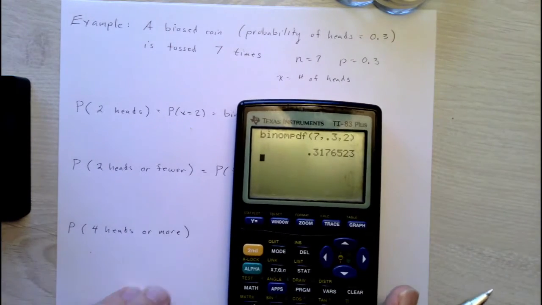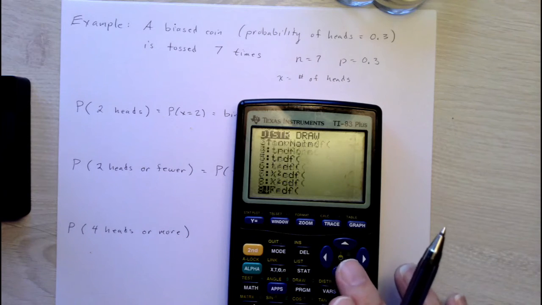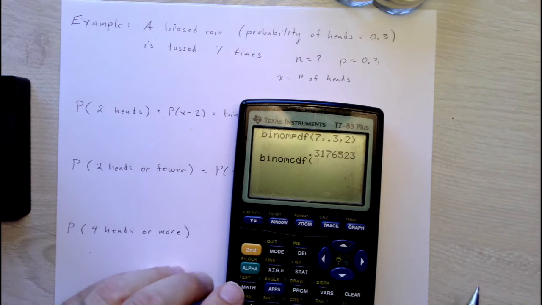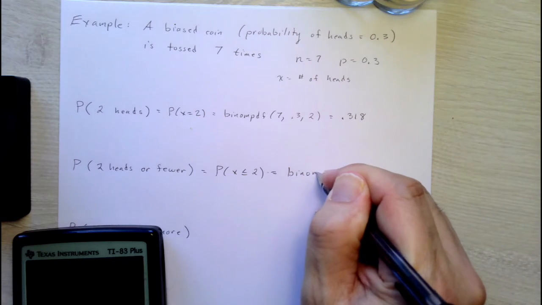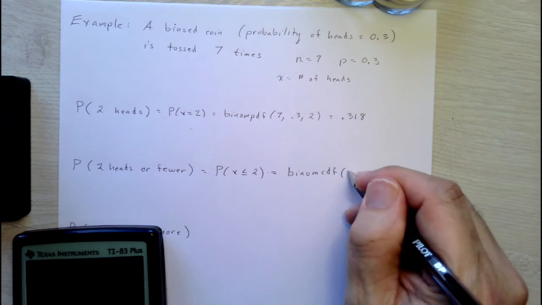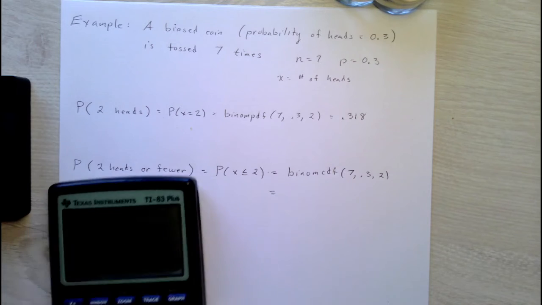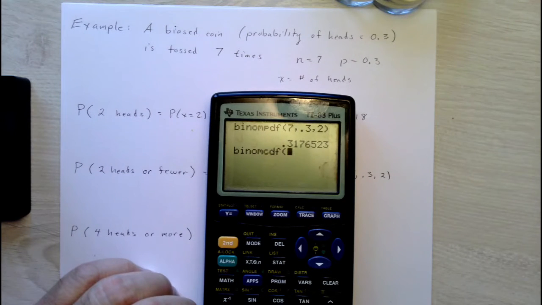So in this case, you would go to the distribution menu again and use binomcdf, and this would be binomcdf of 7, 0.3, 2, which is 0.647.